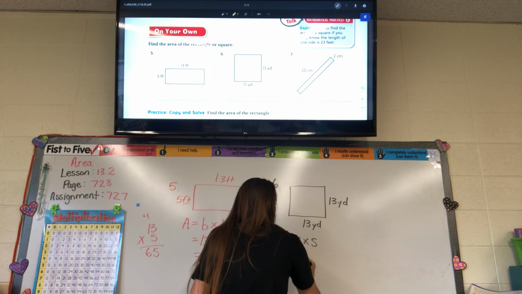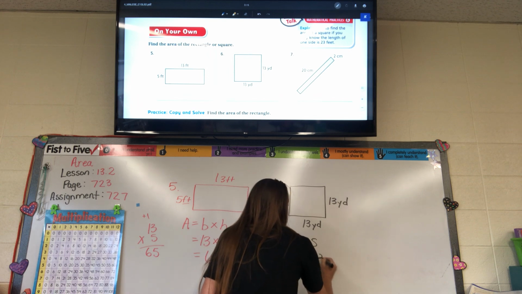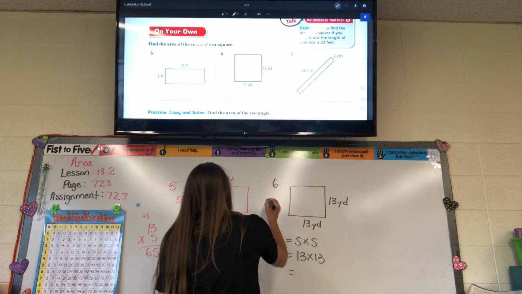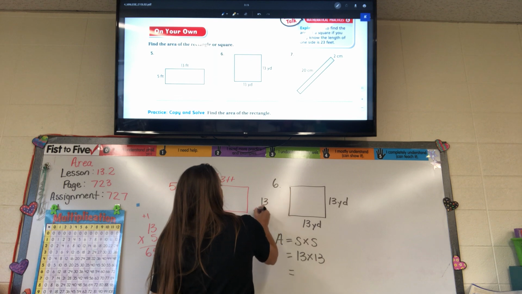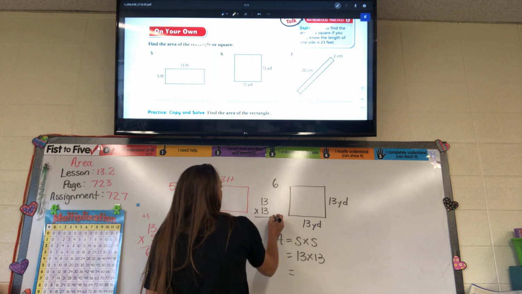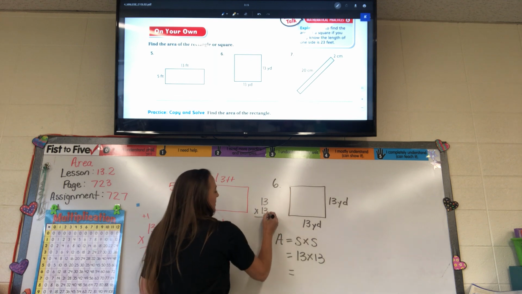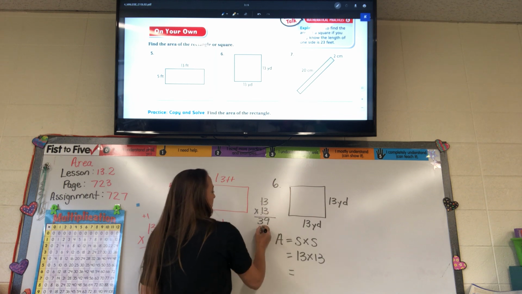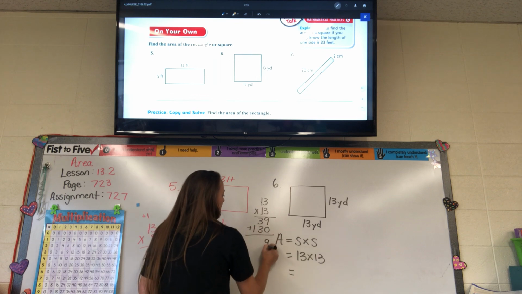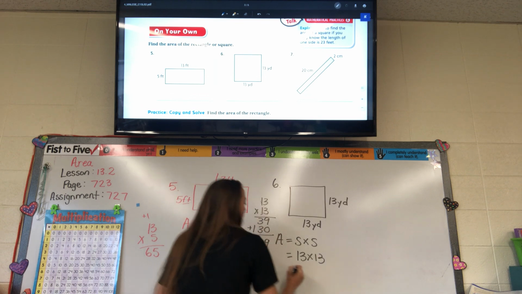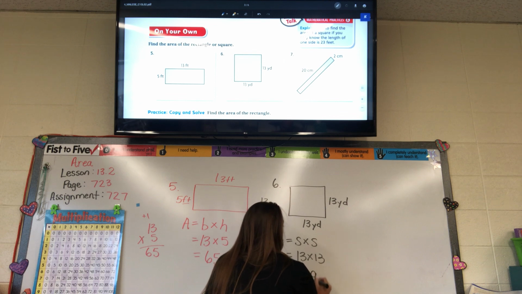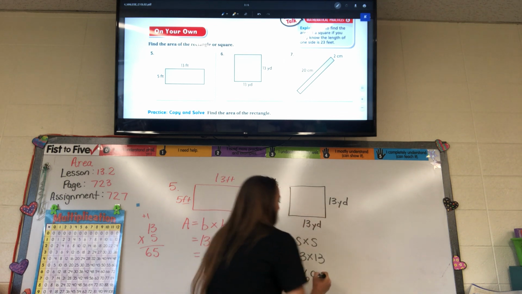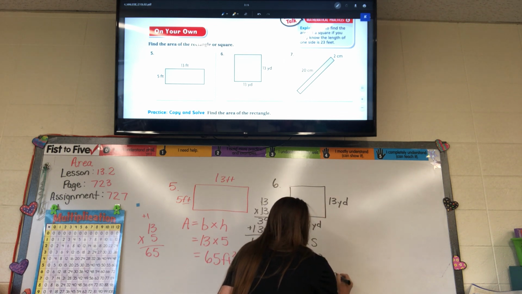So that equals 13 times 13. I'm going to come over here and do 13 times 13. 3 times 3 is 9. 3 times 1 is 3. 0 placeholder. 1 times 3 is 3. 1 times 1 is 1. Add those together and you will get 169 yards squared.